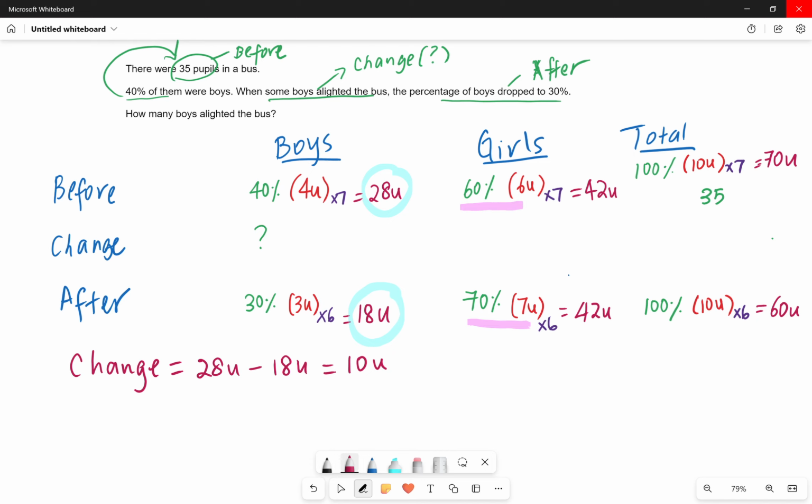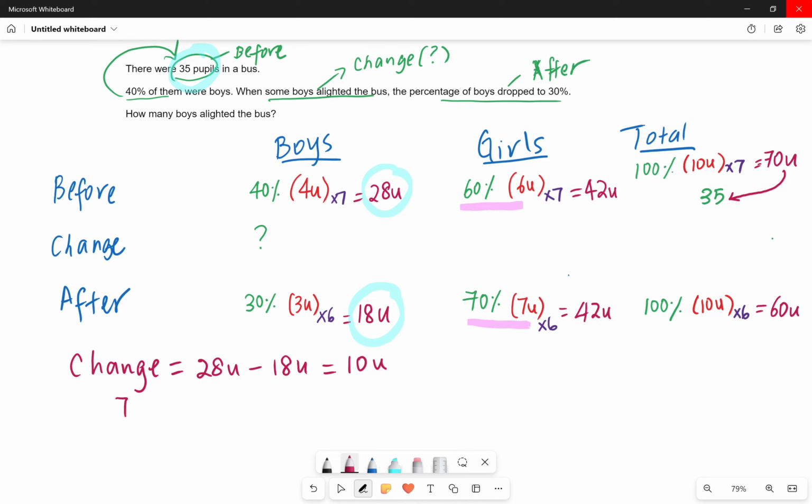So how do we solve for 1 unit? The only information in terms of whole number that we see in the question is the 35 pupils. So let's take a look at 35 pupils. How many units does 35 pupils represent? We do know that the 70 units here at the total column represents the 35 pupils.